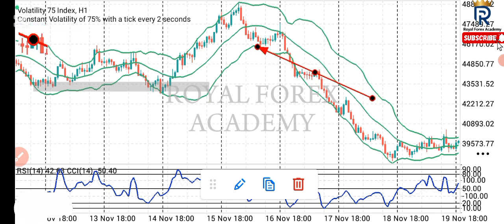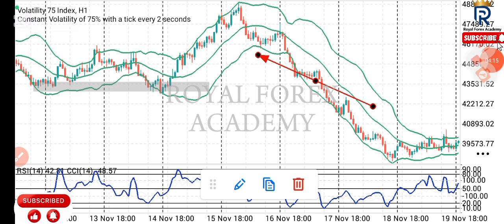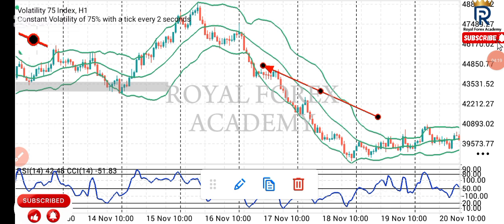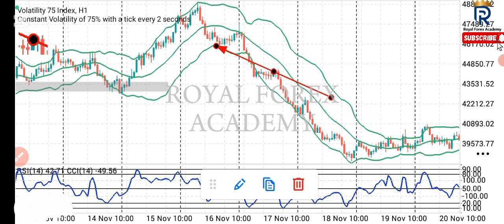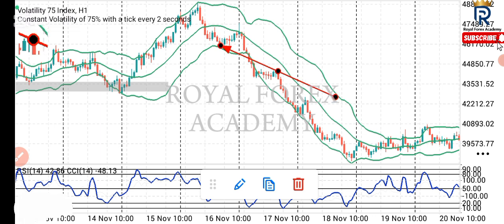This zone here is not a support zone. It's not an order block. So we are not making any entry here, because this zone is not an order block, neither is it a fair value gap, neither is it a support and resistance zone. So we stay out of it.